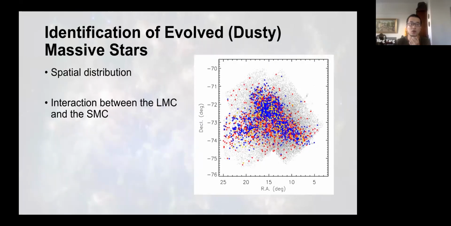I also show here the spatial distribution. You can clearly see this is the SMC, and you can clearly see the stretch towards the Magellanic Bridge because of the interaction between the LMC and the SMC. It's also a good indicator that our selection is correct.